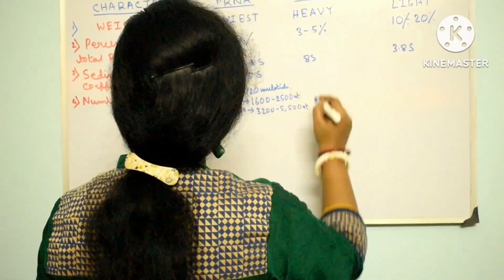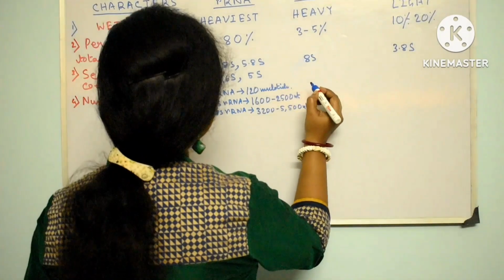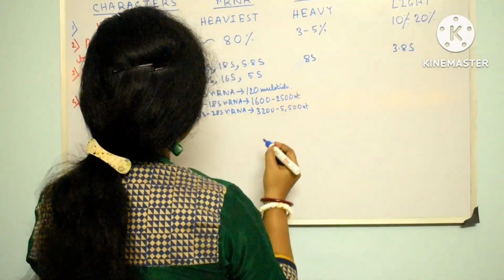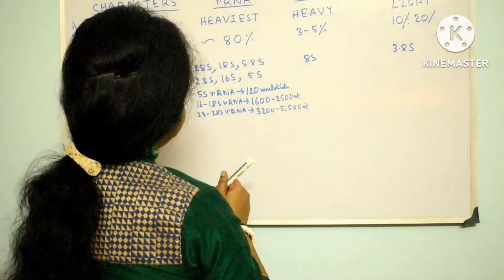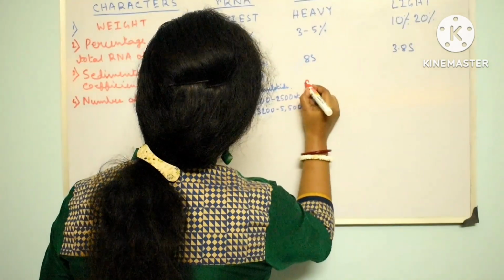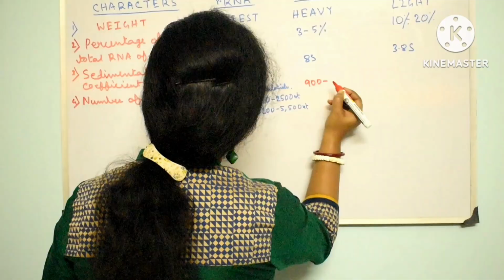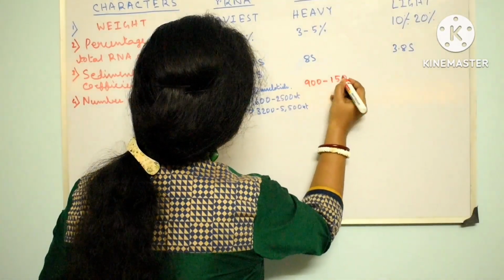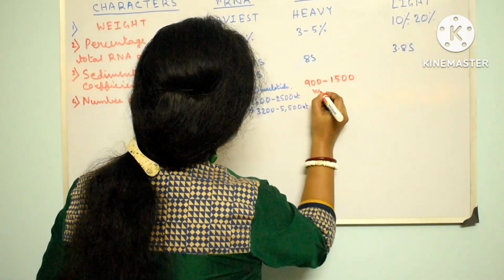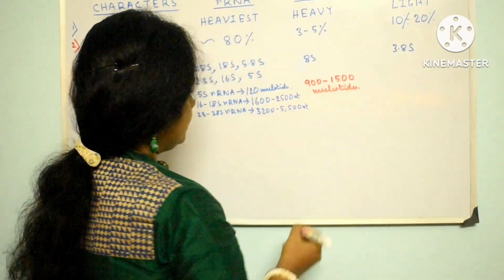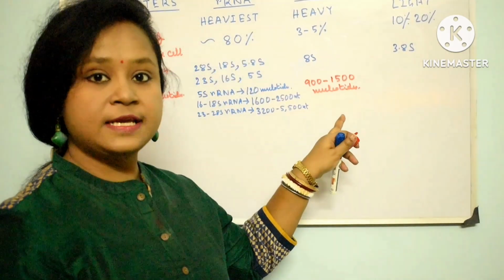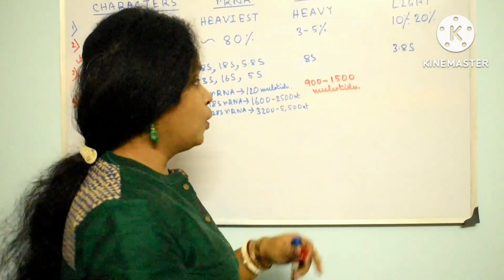And in case of mRNA, I am going to use a separate color, 900 to 1500 nucleotides are present, and this can be seen in case of the bacteria E. coli.